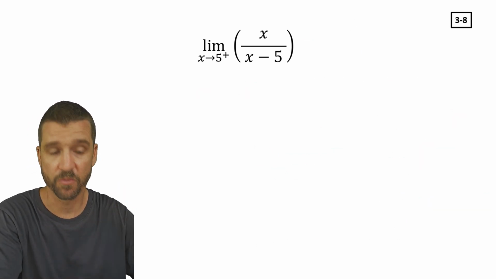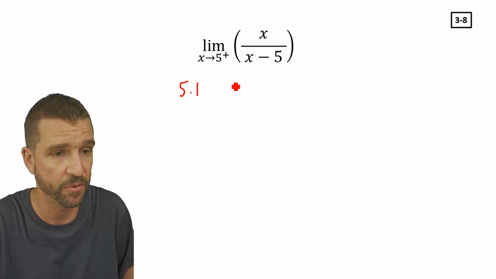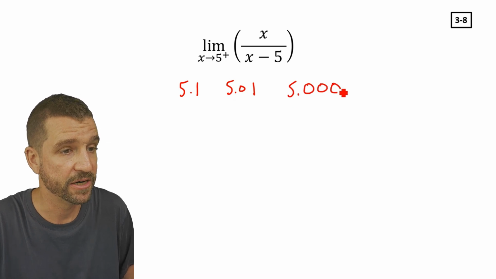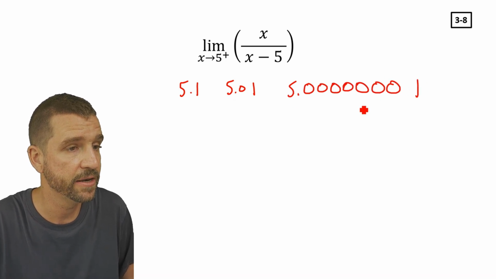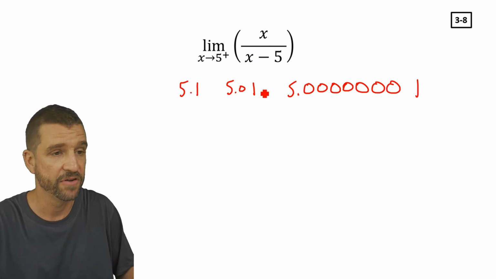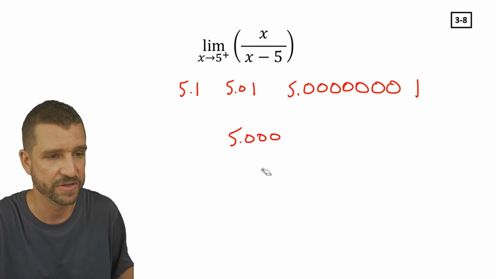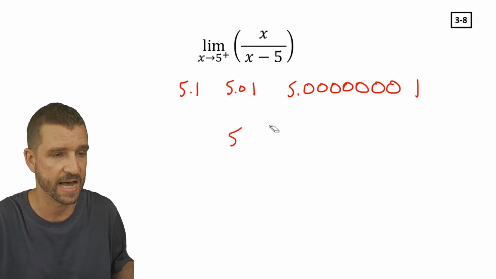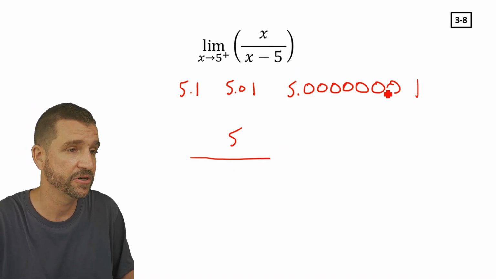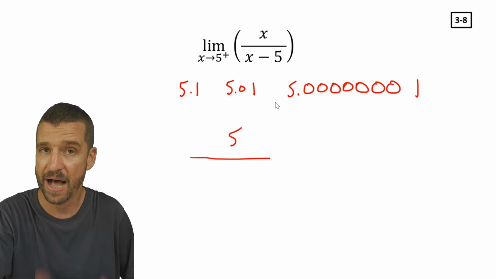As I approach it from the right, it's going to be just the opposite. Think about numbers really close, like 5.1, 5.01, and we'll just jump ahead, 5.000001. If I plug in this number really, really close to 5, the top is going to be this big number, and that's pretty much just 5, so instead of writing so much, I'll just write 5 on the top. On the bottom, I'm going to have 5.000001 minus 5, which is just a little bit bigger than 5, so it's going to be positive.